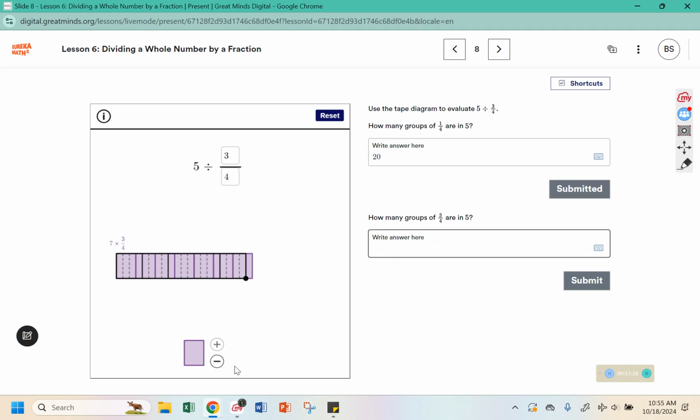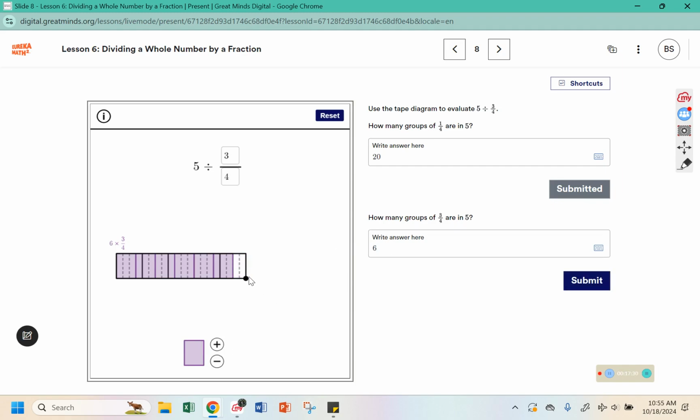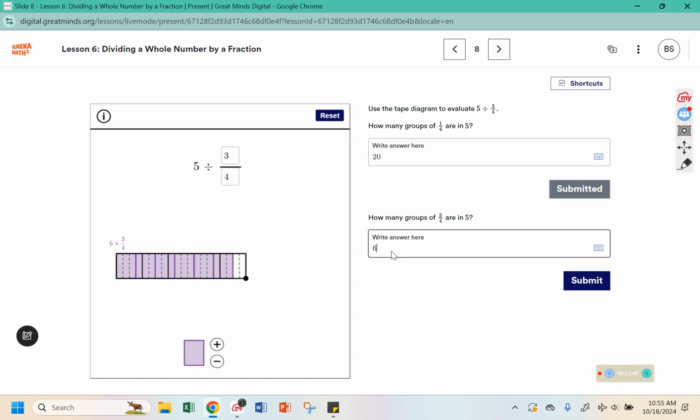So I had 6 holes, and then I have 2 parts left over out of the 3 that I needed to make a group. Two out of 3. So 6 and 2 out of 3.